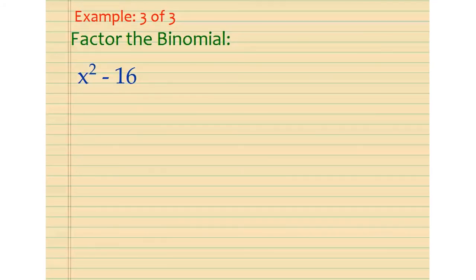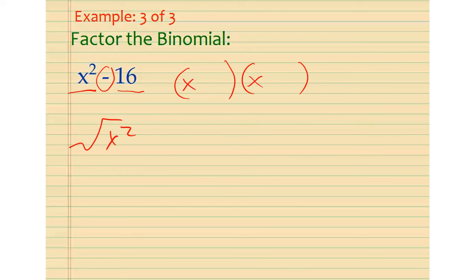And here's the last one. Oh dear, this one has two terms, but if I look carefully, x squared is a perfect square. 16 is a perfect square. There is a minus sign between them. I know the pattern. The square root of x squared is x, so x goes in the front of each binomial.